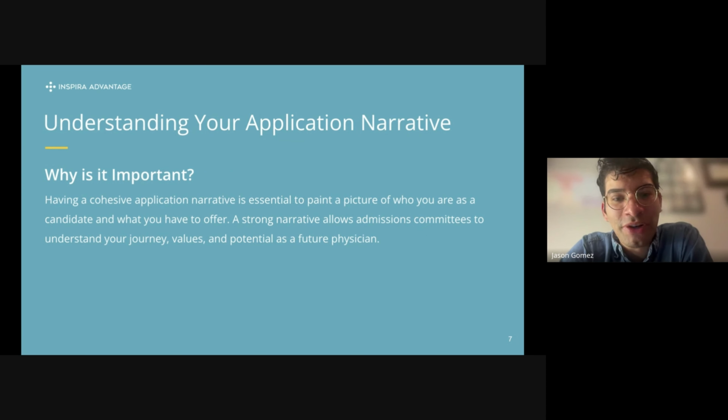In terms of why an application narrative is important, to add to what Bima was saying, this is really the admissions committee's understanding of who you are as a person. And so it's really important to try to be as consistent as possible from your primary, your personal statement, your secondaries. It tells us who you are, and it gives us a sense of who we'll meet when you're invited to an interview. And so this is all encompassing.